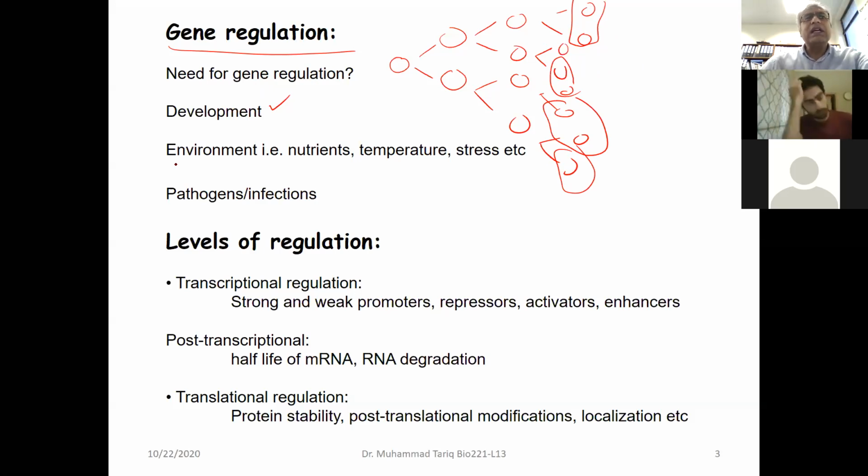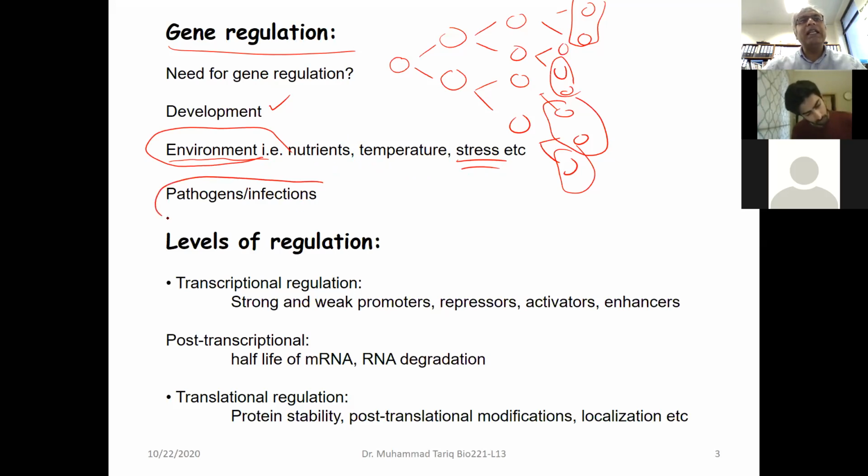Besides these developmental reasons, there could be environmental reasons as well. Whether you are a prokaryote or eukaryote, if you are in a nutrient-rich, stress-free environment, different genes will be expressed, and if the organism, be it bacteria or eukaryotic cell, is under a very stressful environment, biotic or abiotic stress, specific genes will be switched on.